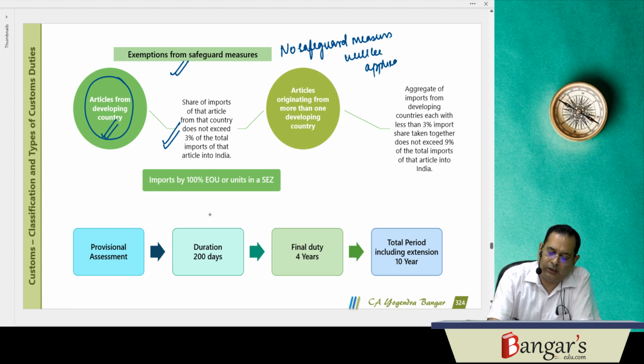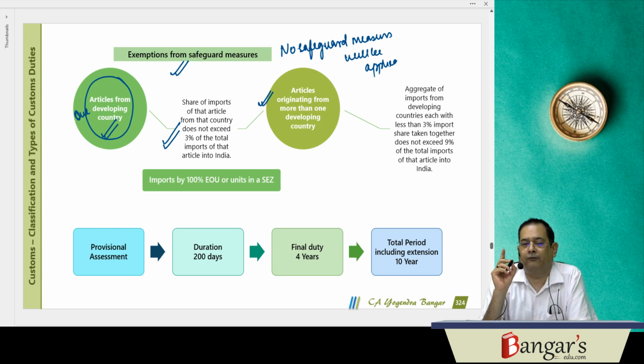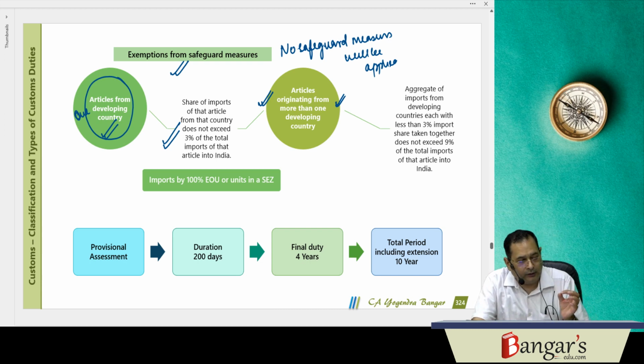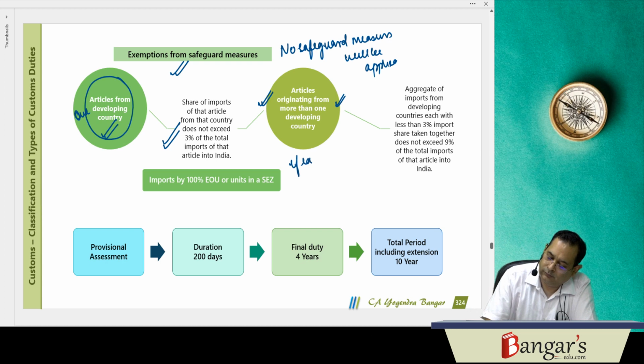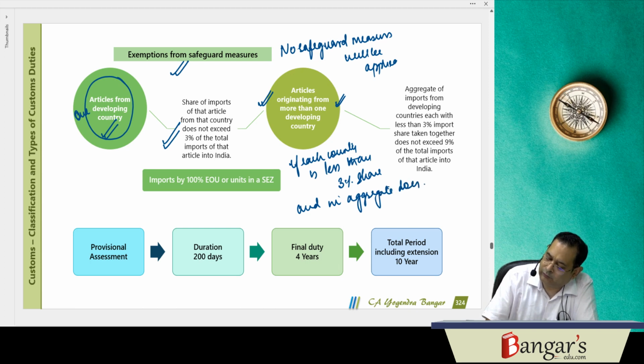If the article is originating from one developing country, that is the case. And if the article is originating from more than one developing country, then also safeguard measures will not be applied if each country is less than 3% share, and in aggregate it does not exceed 9%.